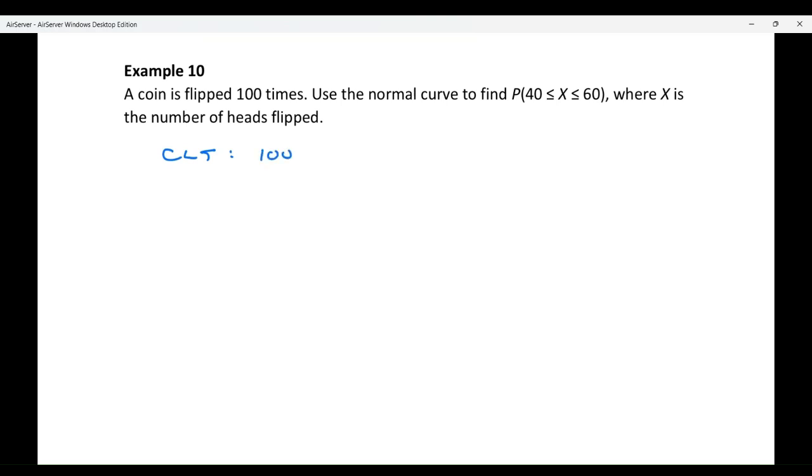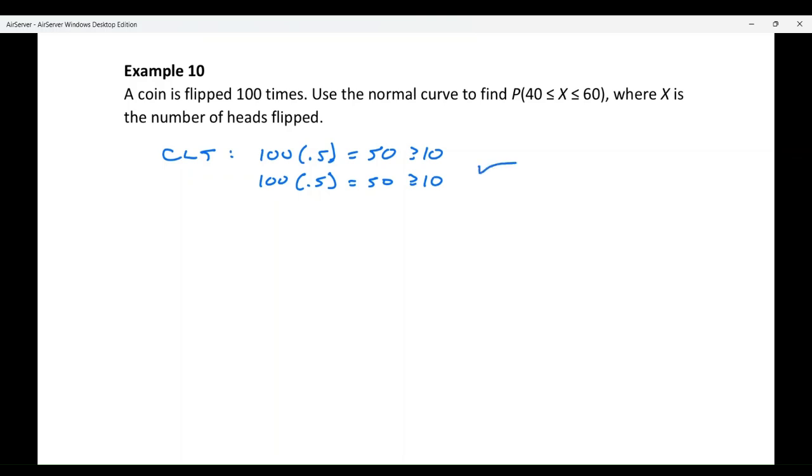The probability of success here is 0.5. So if I take 100 trials times 0.5, I get 50. And the probability of failure, 1 minus p, is also 0.5, so that will also be 50. Clearly, both are greater than or equal to 10. So the CLT checks.